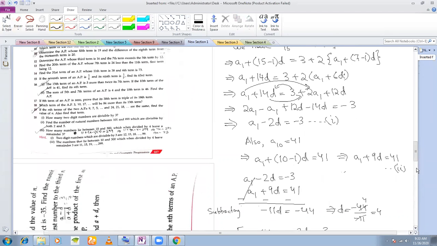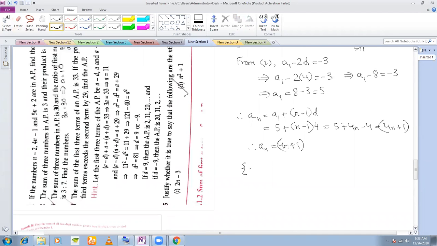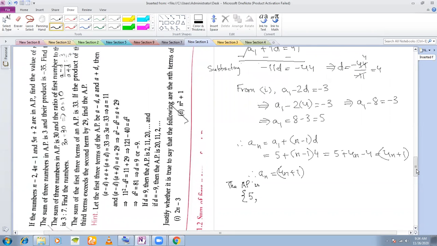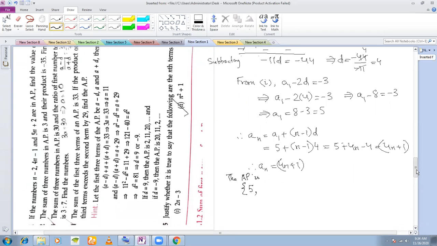So what happens here? In this AP, the first term is 5. What is the common difference? This is not asked; I'm just showing you for your knowledge. The common difference is 4.